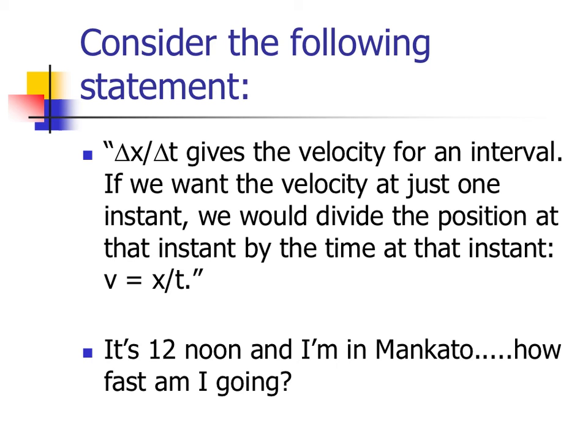Okay? Having more information, how fast was I going before noon and then maybe just a little bit after noon, say 11:59, noon 01, gives me a time interval. Where is my position at those two times?